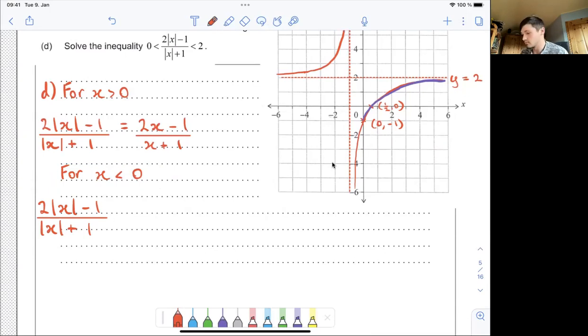So what we could effectively do is just multiply it by negative 1. So we could just put a negative x into our function. And so then we can say that this is going to equal 2 multiplied by negative x minus 1 over negative x plus 1.